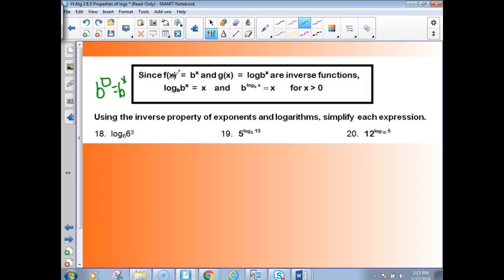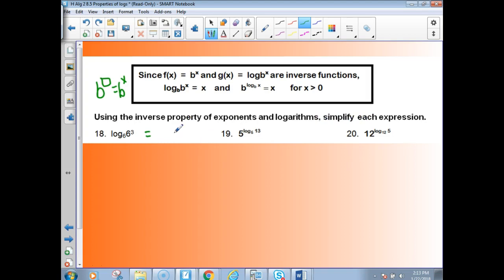So the answer is x. So using these properties, b to the log in the same base of x is x. Since b to the x and the log in base b of x are inverse functions, these are true. So using the inverse property of exponents and logarithms, simplify.